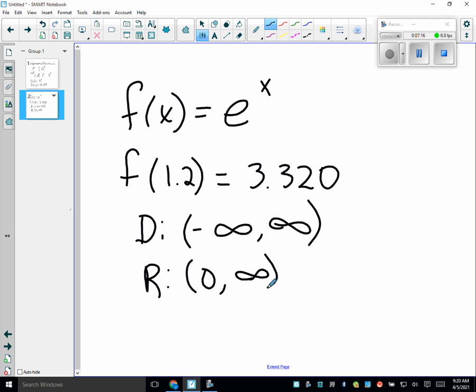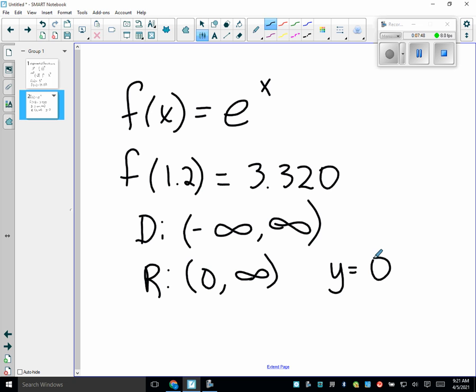The graph y equals e to the x always has a horizontal asymptote. The horizontal asymptote is whatever is added to e to the x. What is added right there to e to the x? 0. So the asymptote is y equals 0.